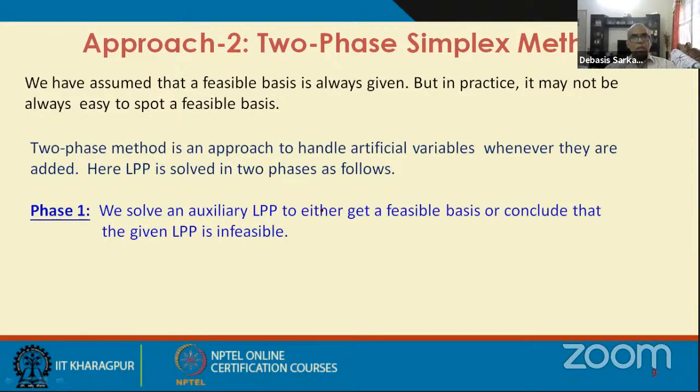So if I obtain the initial basic feasible solution in phase 1, I will proceed with phase 2. Otherwise, I will conclude that the given linear programming problem is infeasible and will stop.